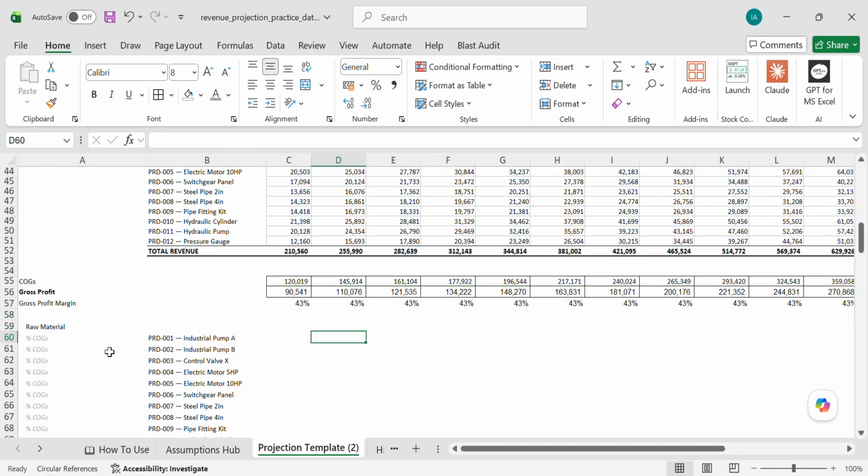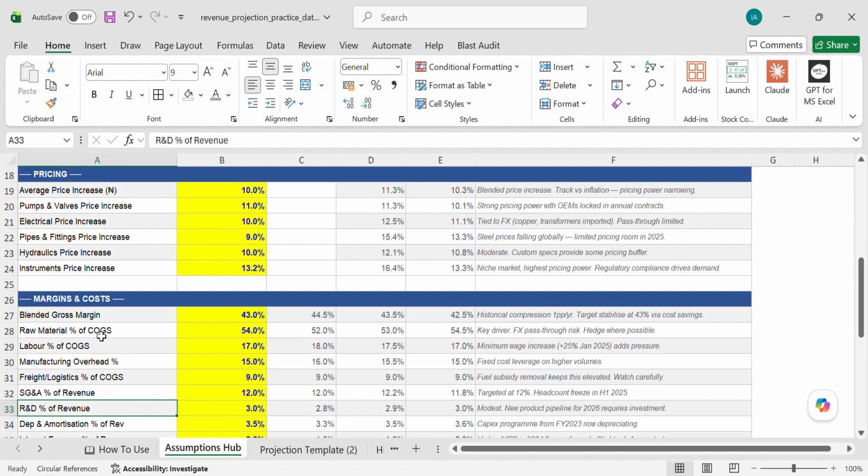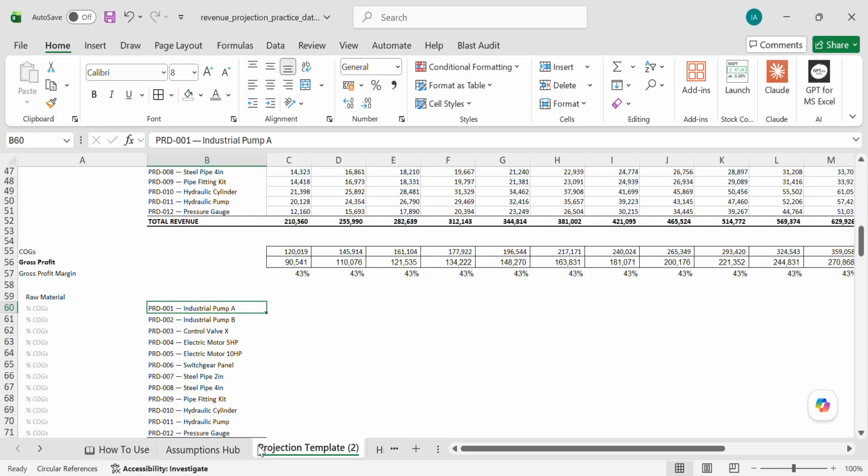So now the costs here will now be, so to check among these, we've been told that for pulp and vice, this is the assumption, raw materials are going to use this. So we are going to come here and say percentage of costs, raw material, this is raw material.